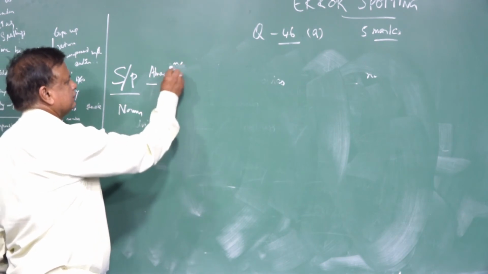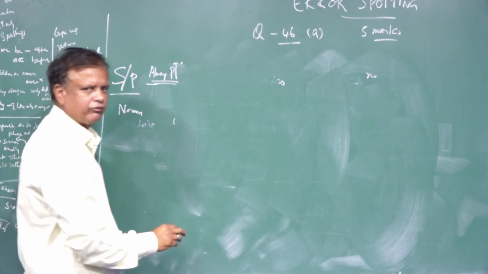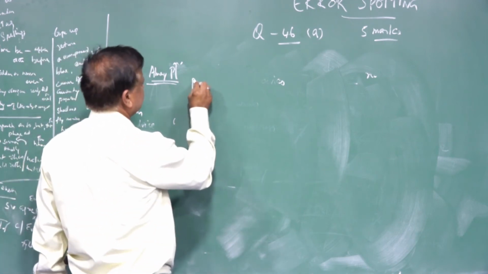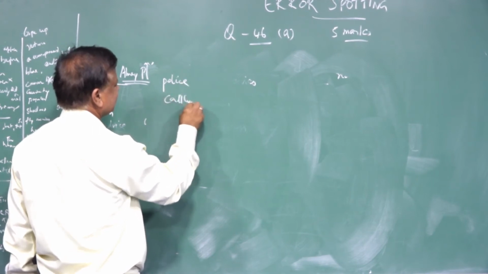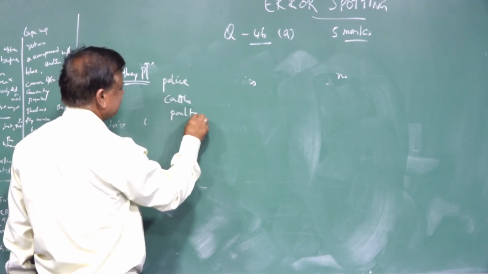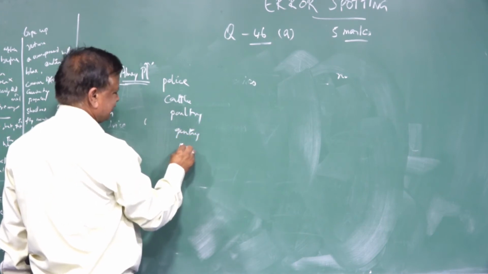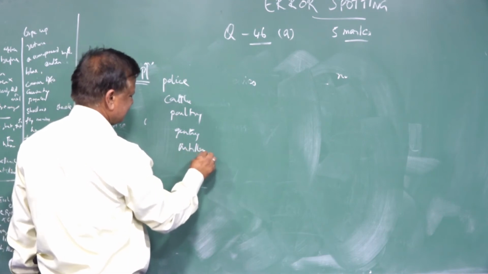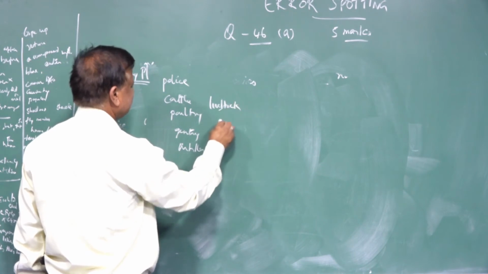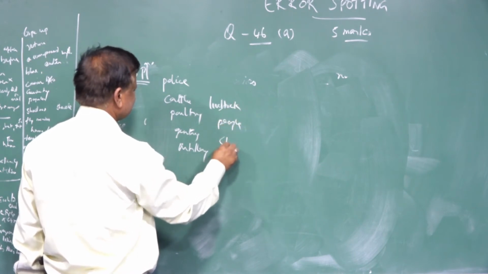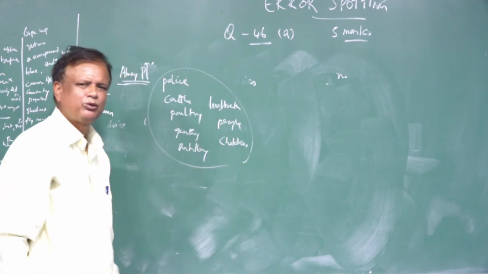There are certain nouns which are always used in the plural. They will always be used in the plural form. For example, you will have police, cattle, poultry, gentry, artillery, livestock, people, children. These are all nouns which will always be used in the plural form.